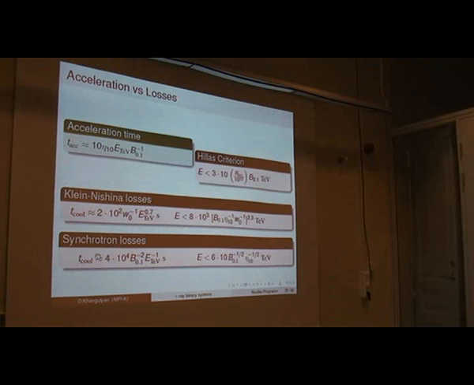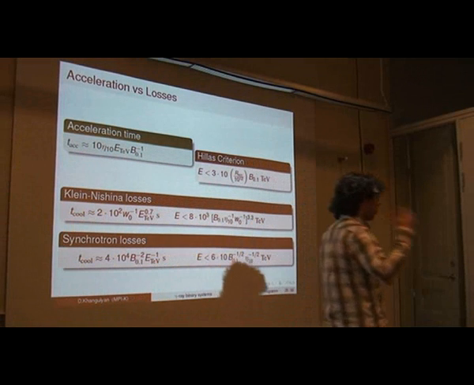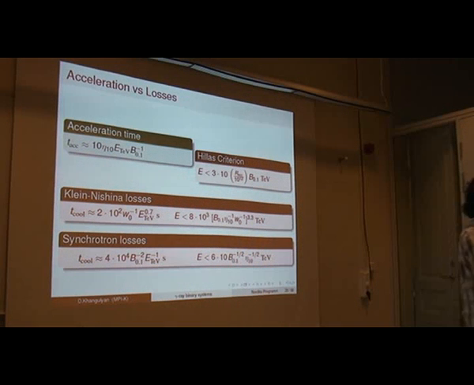And if we compare the acceleration rate to the loss rate, we may get some kind of limitation on the maximum energy of the particle, because indeed if a particle loses more energy than it gains, it cannot be accelerated above a certain limit.